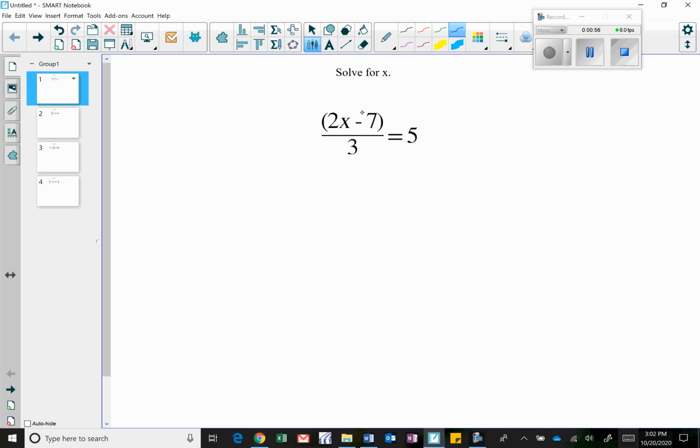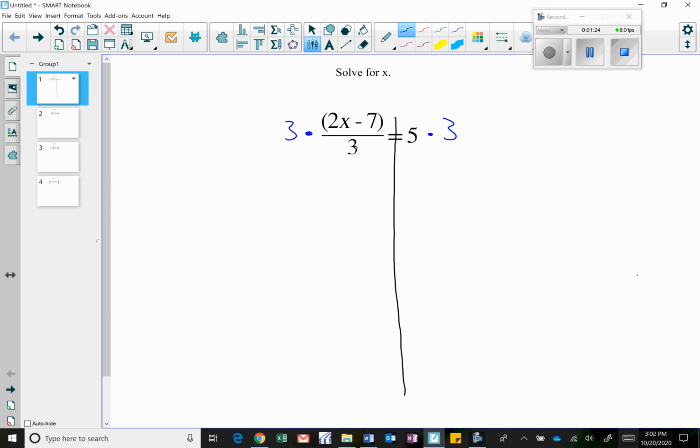So since this entire left side over here is being divided by 3, I'm going to go ahead and multiply this left side by 3. And then, of course, I'll multiply the right side by 3. And maybe it helps if I draw a line down the middle. When I do this, I see that on the left side, I have a 3 multiplying everything in the numerator.